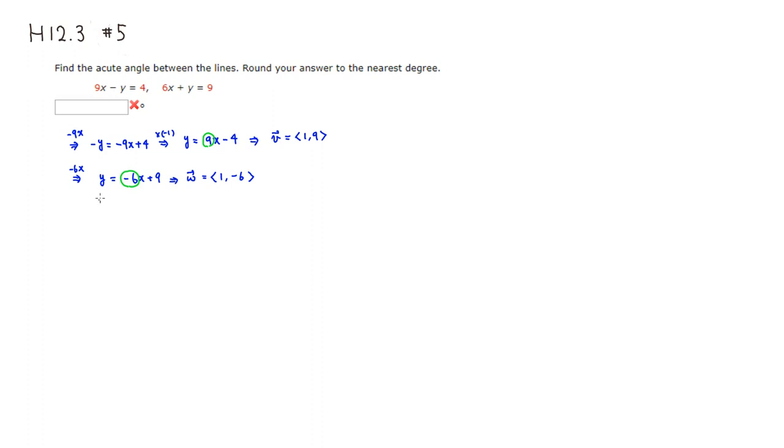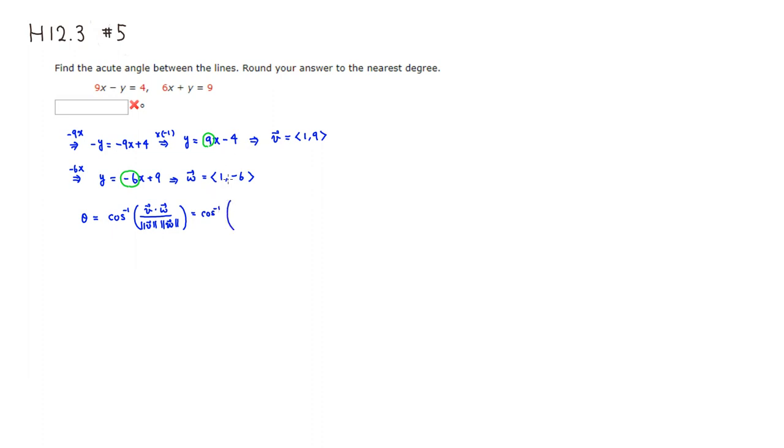The angle theta, remember, can be found by doing this: the inverse cosine, or arc cosine, of v dot w divided by the magnitude of vector v and also the magnitude of vector w.